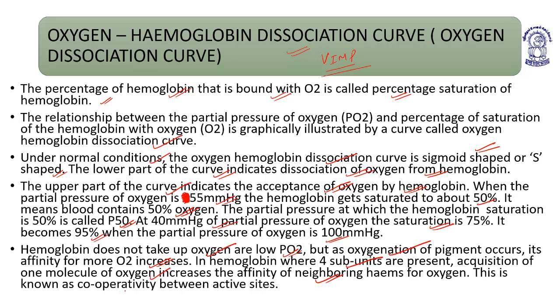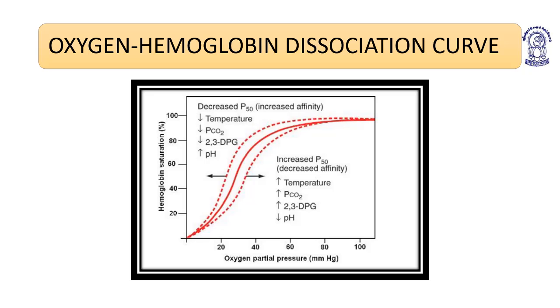This is known as cooperative binding between active sites. When one molecule of oxygen combines with one heme, it changes the conformation and becomes relaxed. As the conformation changes, the other heme groups also increase their affinity for oxygen.